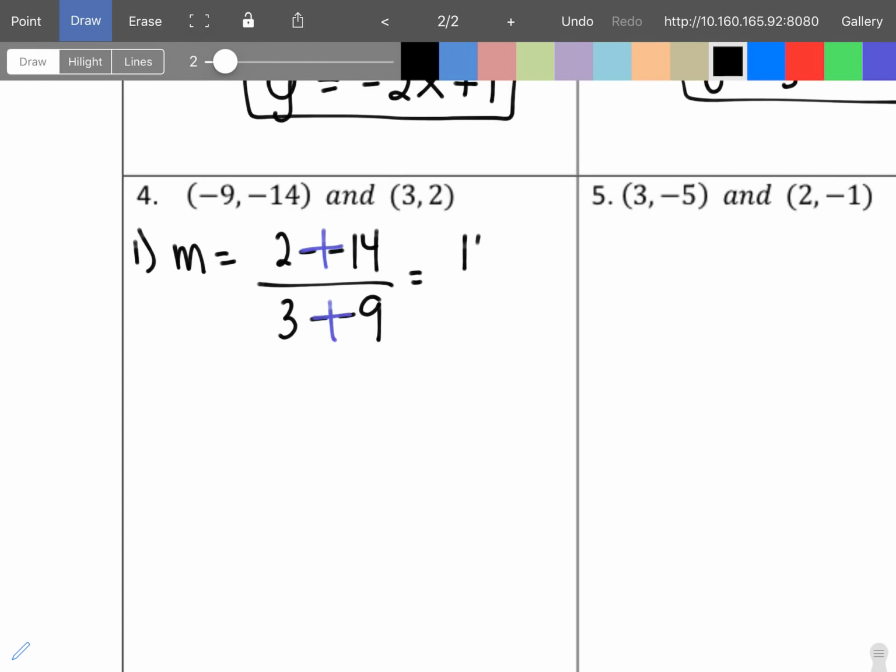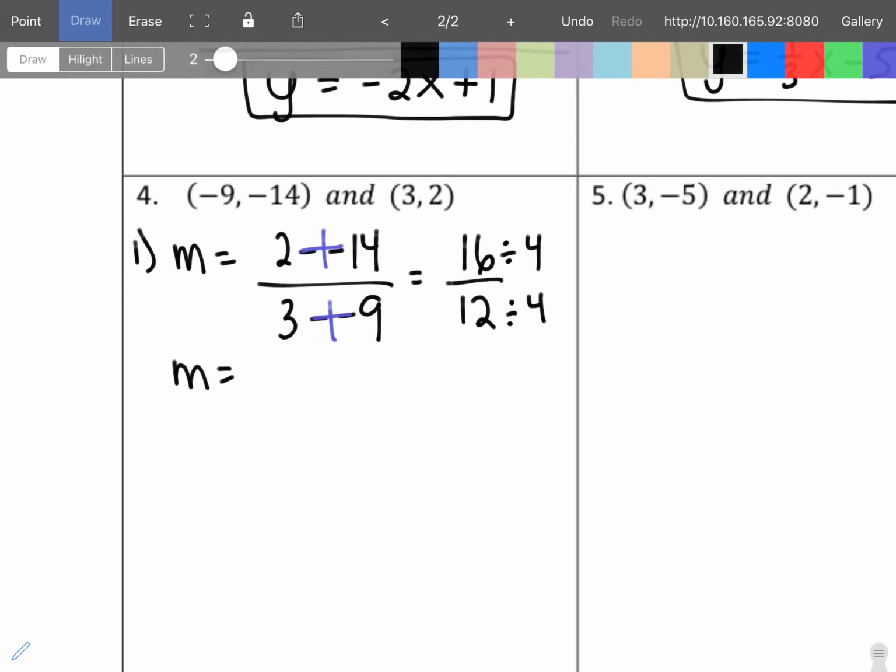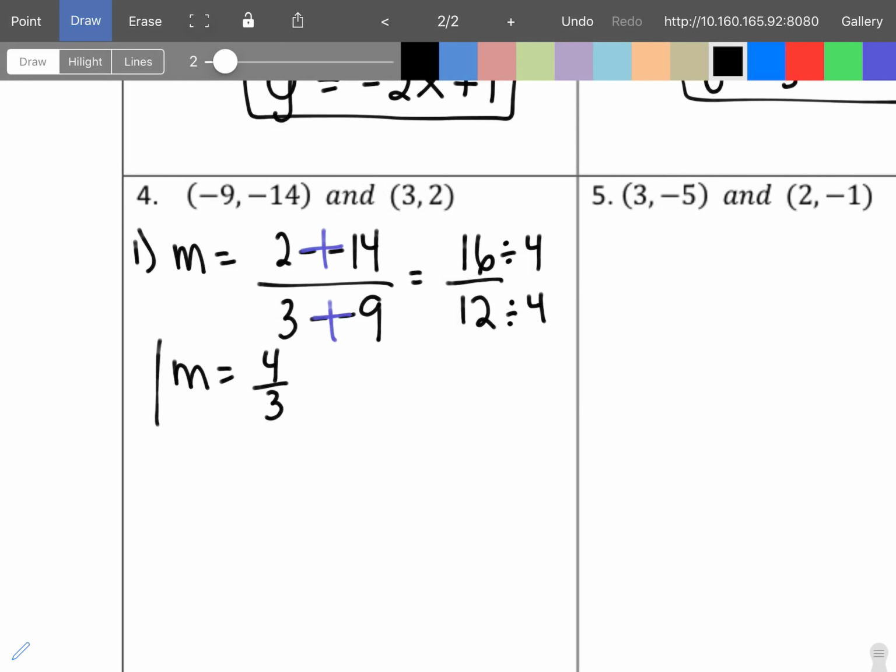So 2 plus 14 is 16. 3 plus 9 is 12. Now simplify. I'm going to divide this by 4, and I'm going to divide this by 4. So m equals 16 divided by 4 is 4, and 12 divided by 4 is 3. Now my second step is to plug in point slope.